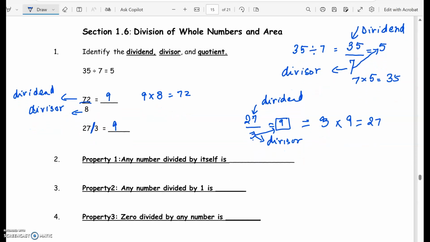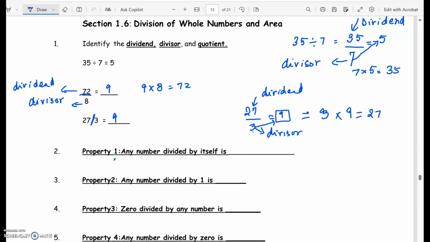Any number divided by itself is 1, as long as it is non-zero. Any non-zero number divided by itself is 1.